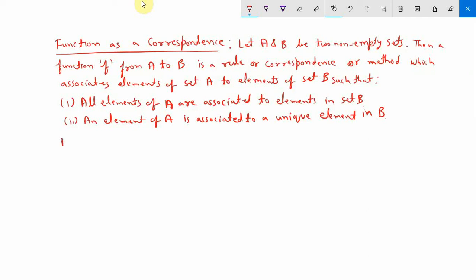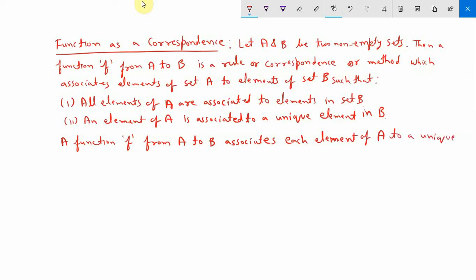So we can write: a function f from set A to set B associates each element of set A to a unique element of set B. Okay, and the terms mapping and correspondence are synonymous for function.